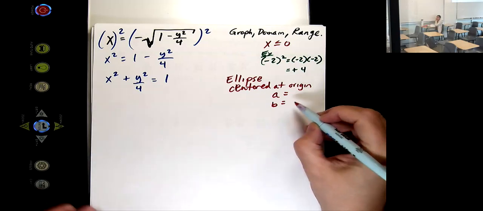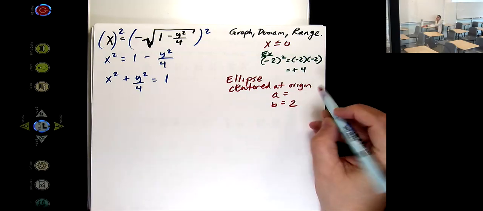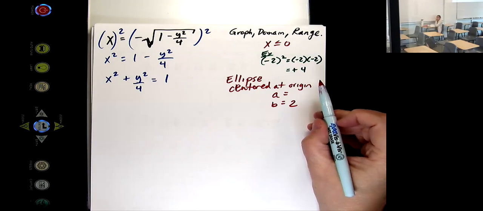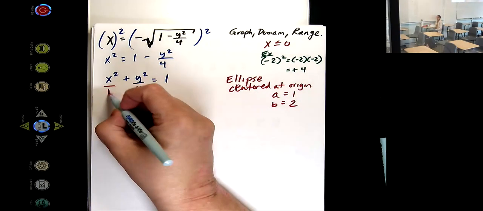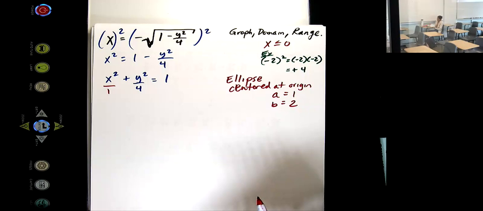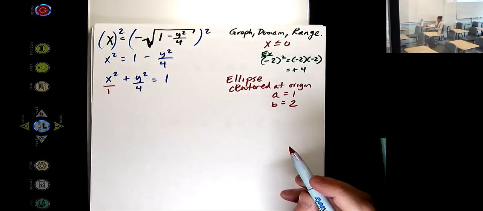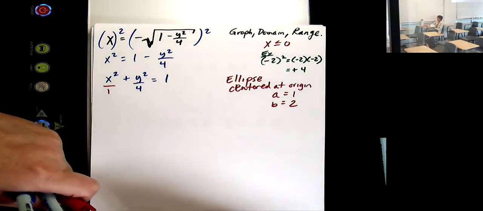B is 2. A is what? It's just 1. I can always write that as a fraction over 1, and so it's 1.